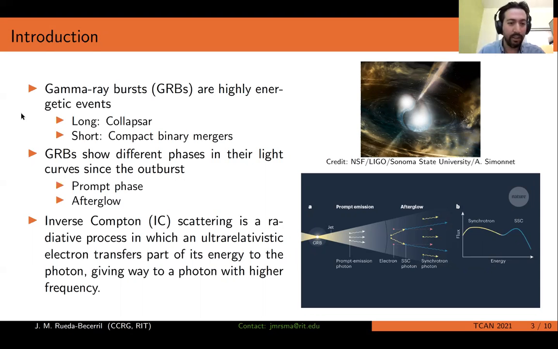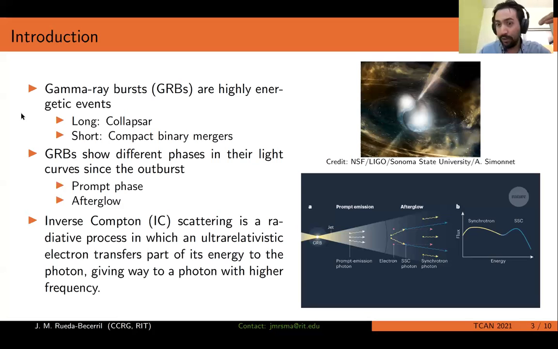These events have two main phases. The first one is the prompt phase, where most of the energy is released after the outburst of the jet. And as the jet moves on and starts interacting with the circumburst medium, we enter into what is called the afterglow phase.